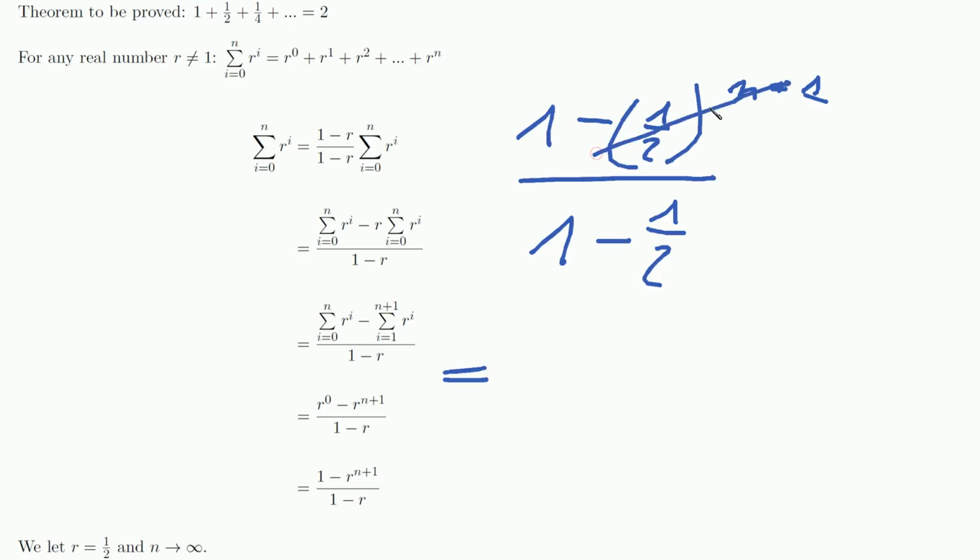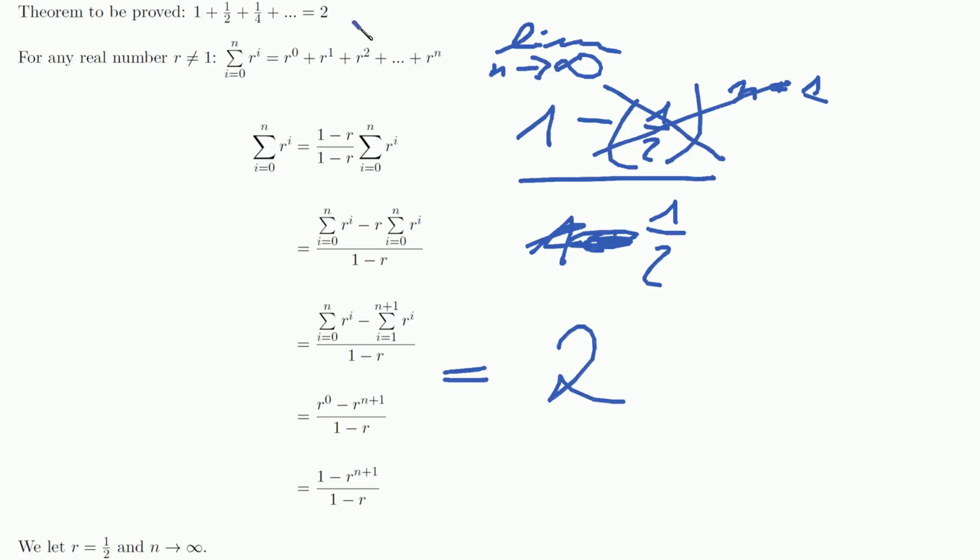So this term basically just cancels out for n towards infinity. Okay, so what we're left with is just 1 over 1 minus 1/2. And 1 over 1/2 just equals 2. And this is basically what we wanted to prove.